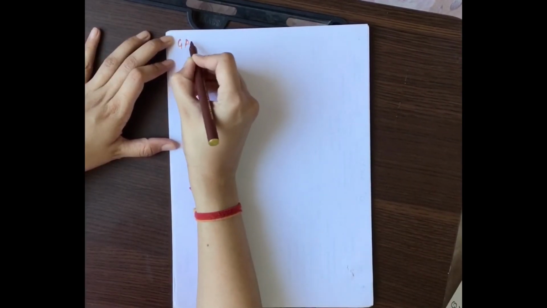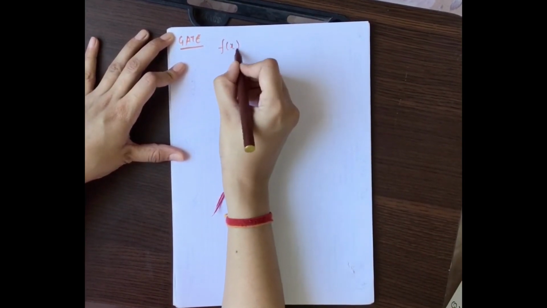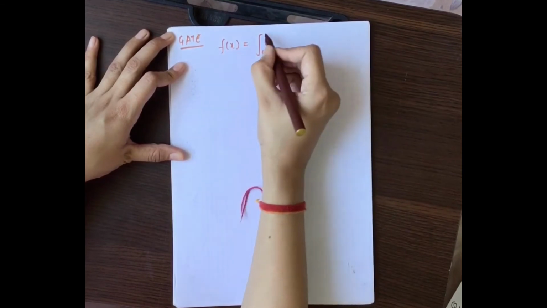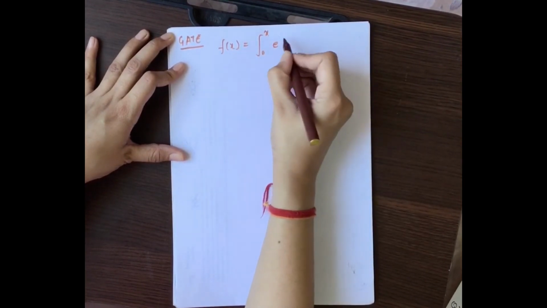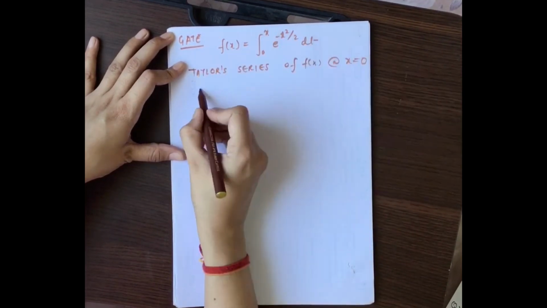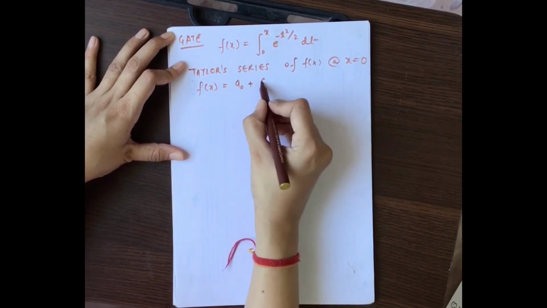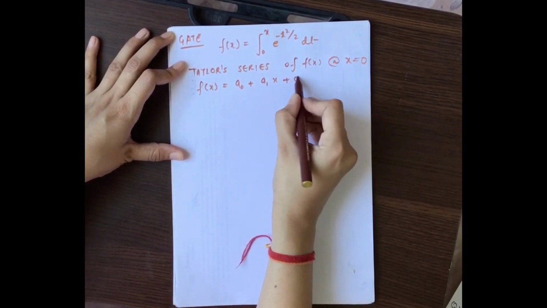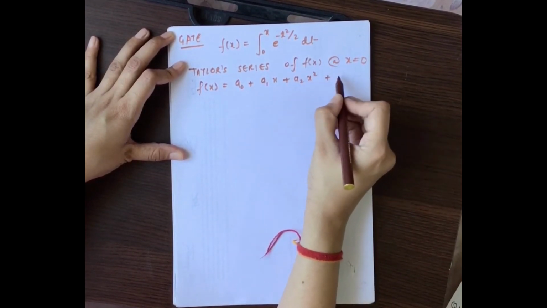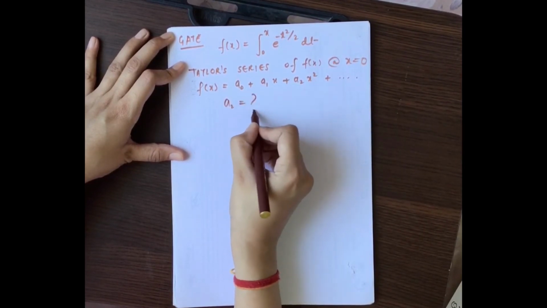Okay, this was asked in the previous years of GATE. So f(x) was given by the integral from 0 to x of e to the power minus t square by 2 dt, and the Taylor series of f(x) at x equal to 0 was given by a0 plus a1x plus a2x square and so on, and we have to find a2.